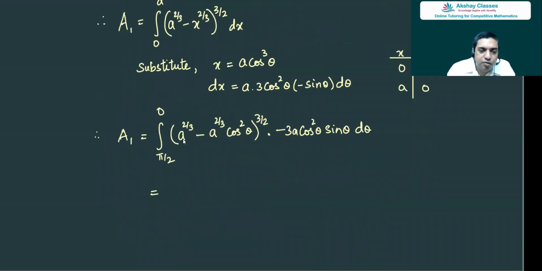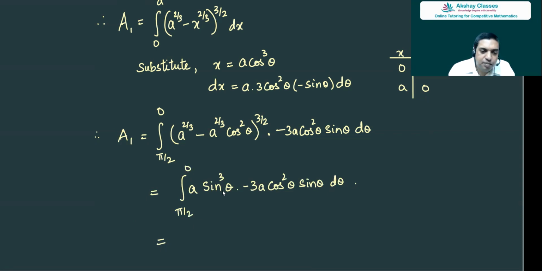Now, we pull out a to the power 2 by 3 outside. A to the power 2 by 3 raised to the power 3 by 2, so you get a. And 1 minus cos square theta becomes sine square theta. Sine square theta to the power 3 upon 2, so we get sine cube theta times minus 3a cos square theta sine theta d theta, from pi by 2 to 0.